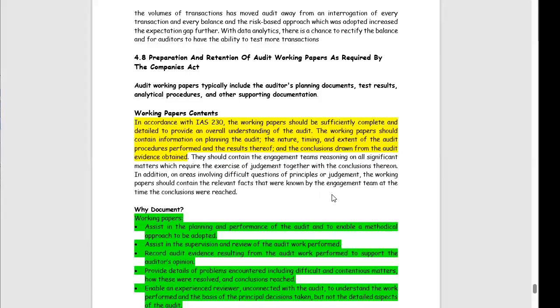In accordance with ISA 230, working papers should be sufficiently complete and detailed to provide an overall understanding of the audit.